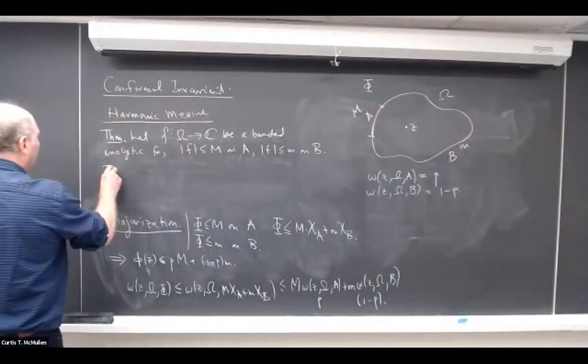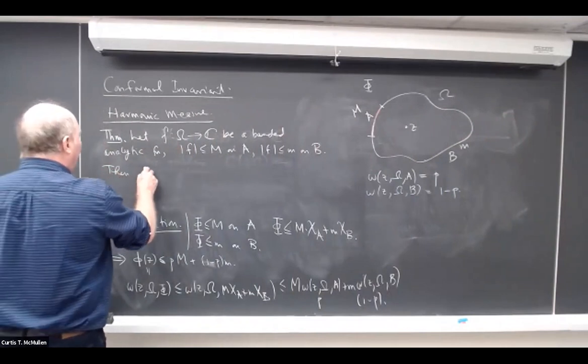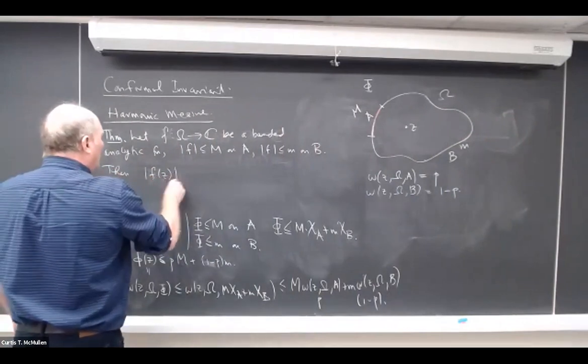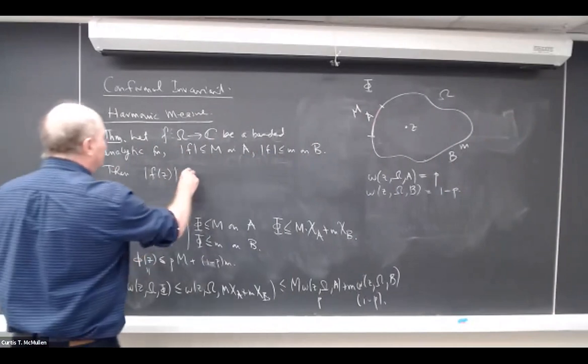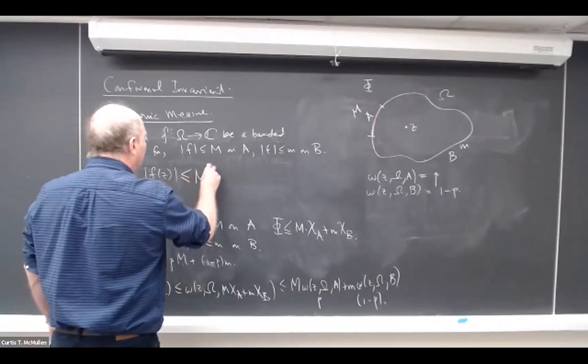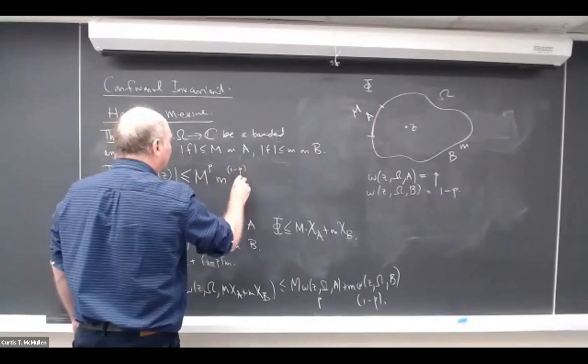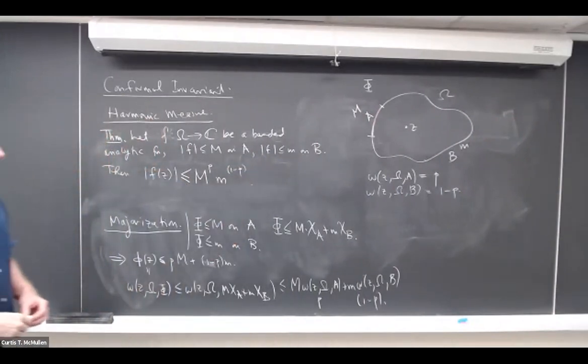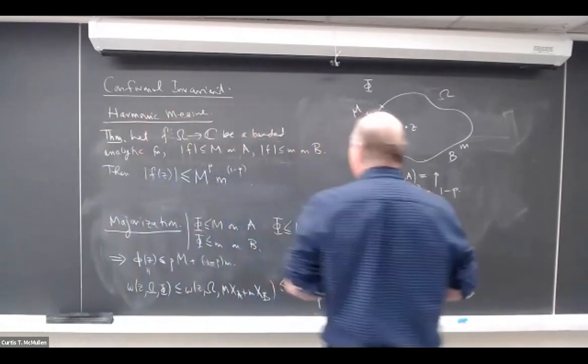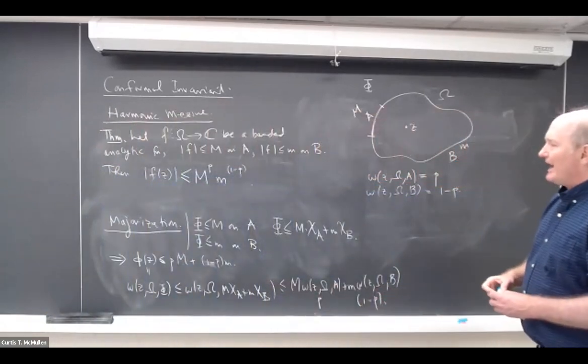Then what can we say about the absolute value of f at z? Well, remarkably, it's less than or equal to M to the p times little m to the 1 minus p. So we get a multiplicative bound on f.